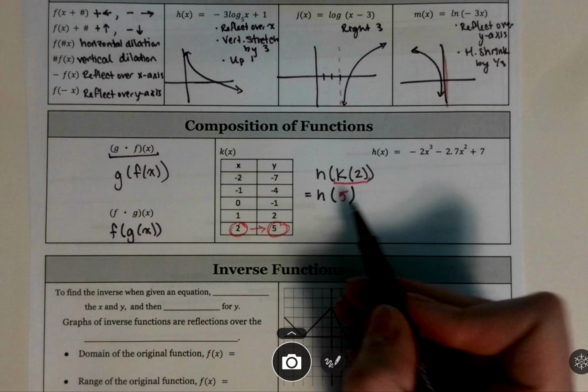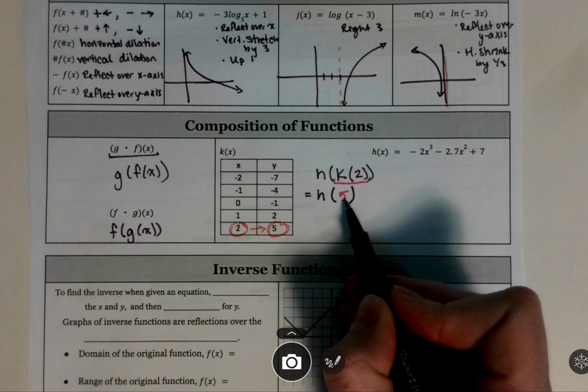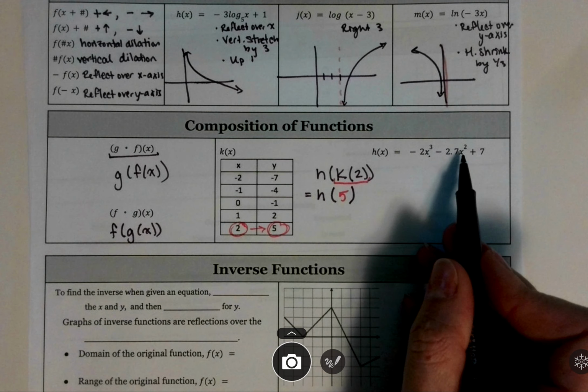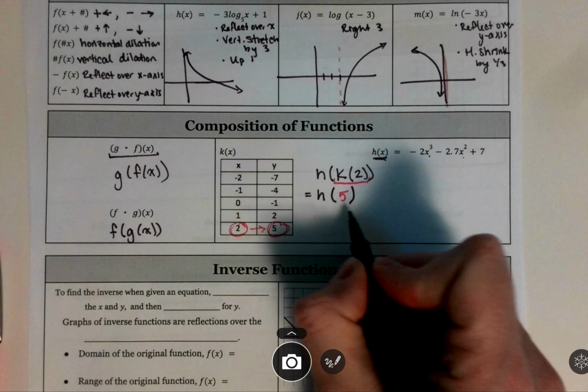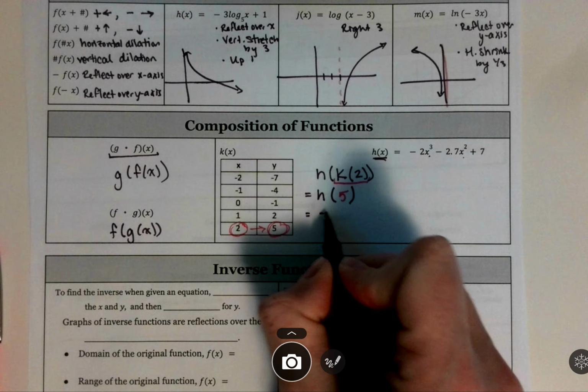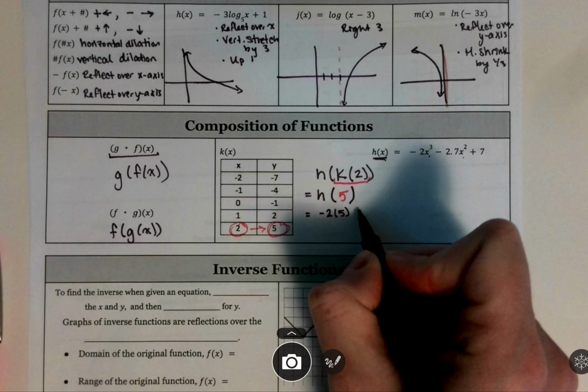And then for h of 5, I'm going to take this 5 and plug it in to every variable in my h of x function. So I want to make sure that I'm paying attention to the name of these functions. So I'm going to write it out because it is in the notes, but we could just type it in our calculator.